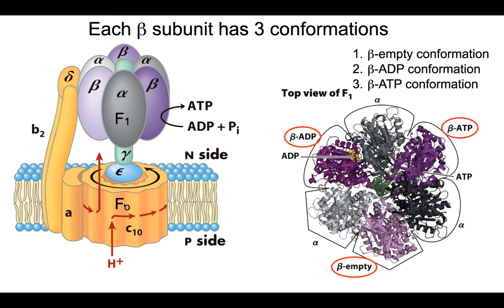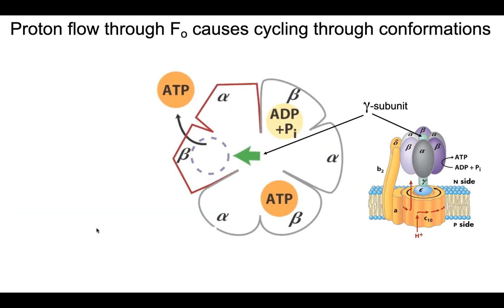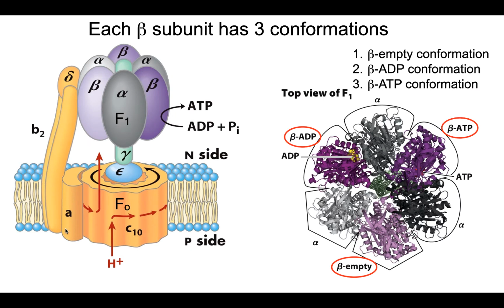Then FO is this C subunit, C10, and this A and this B2. All of this is embedded in the membrane, and it's holding the alpha and beta subunits in place.